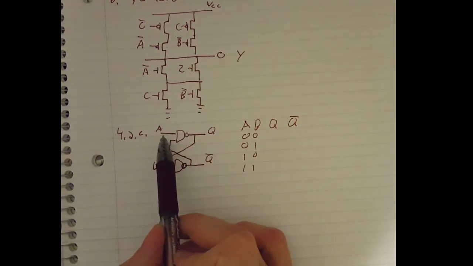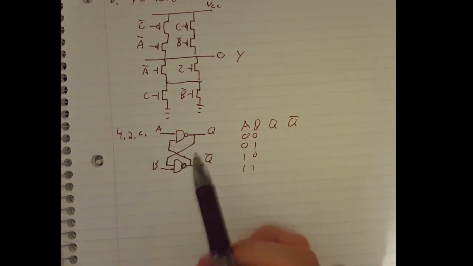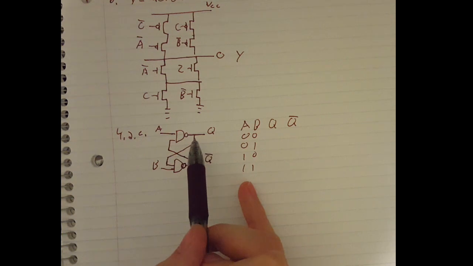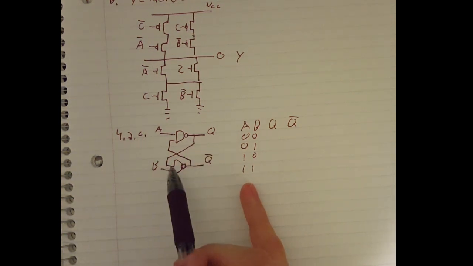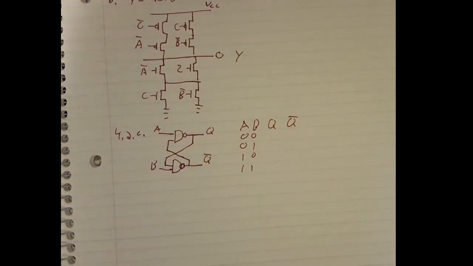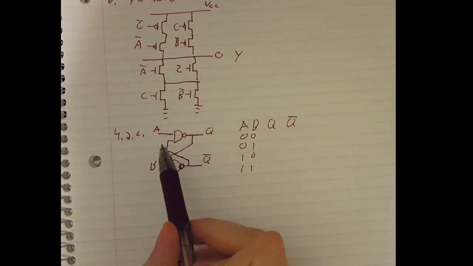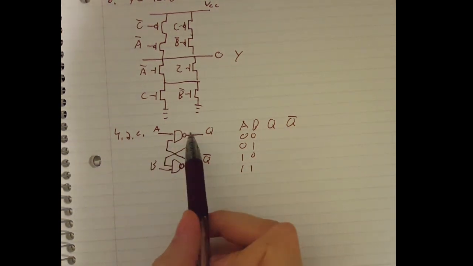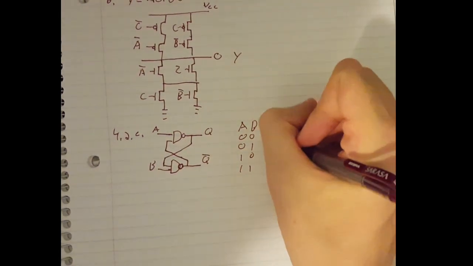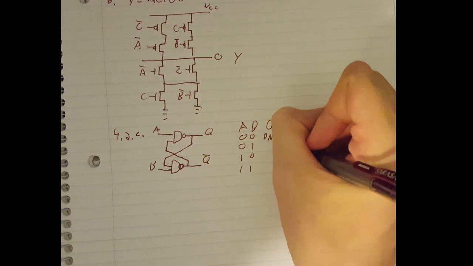If A is 0, let's assume for now that Q naught is 0. That means Q is 1. If Q is 1 and B is 0, that means Q naught is 1. We assumed Q naught was 0, so Q naught being 1 is impossible. So let's assume Q naught is 1, and you see that doesn't actually change anything because A is 0.